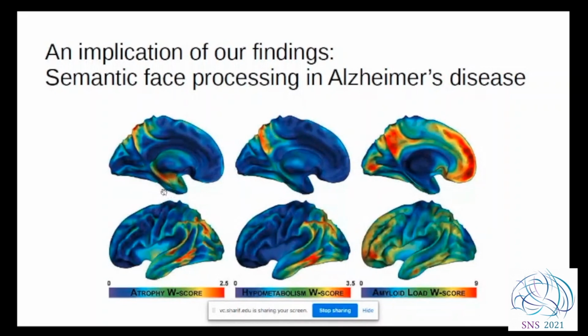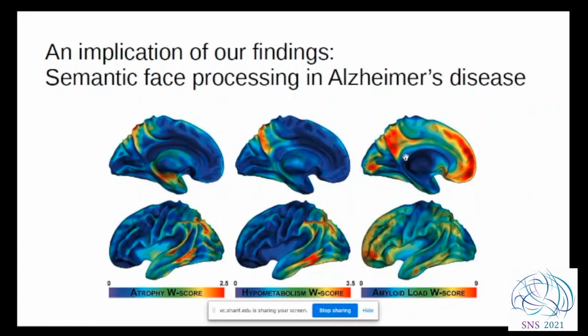So as you probably know, in Alzheimer's disease, medial temporal cortex and hippocampal region show cortical atrophy, and this is where the pathology starts. And then in the advanced stages of Alzheimer's disease, we have the involvement of other brain regions, including posterior cingulate cortex, which is quite interesting.